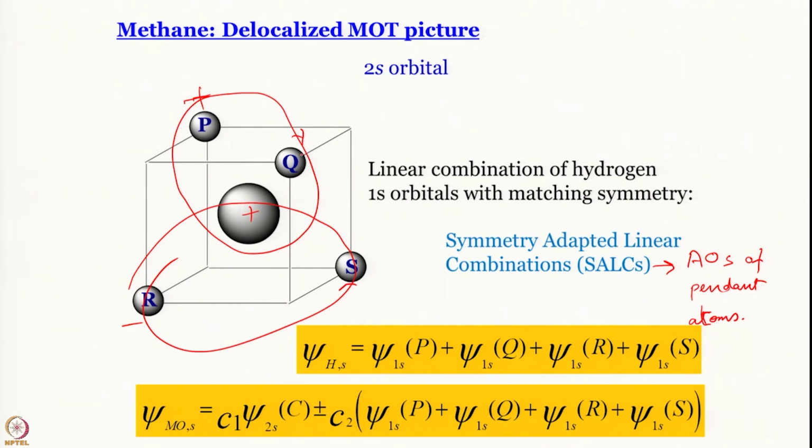The symmetry of the linear combination of atomic orbitals, or the SALC, has to be the same as the symmetry of the atomic orbital of the central atom. So, for the 2s orbital, the SALC that has compatible symmetry is just plus plus plus plus, psi 1s p plus psi 1s q plus psi 1s r plus psi 1s s.